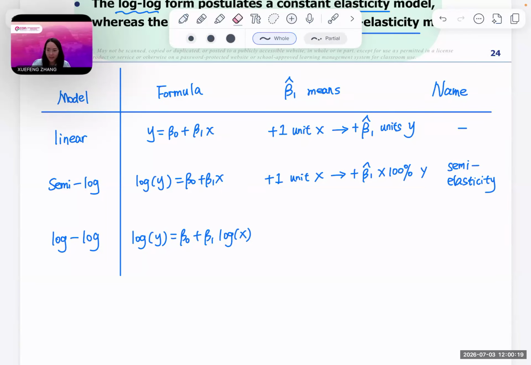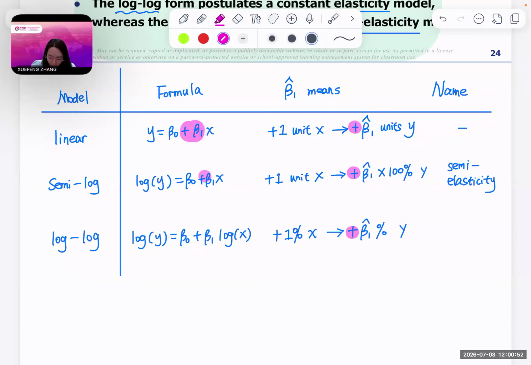This means that if x is increased by 1%, how many percent will y change? Y is always positive here, because in our model we assume it's positive, okay?